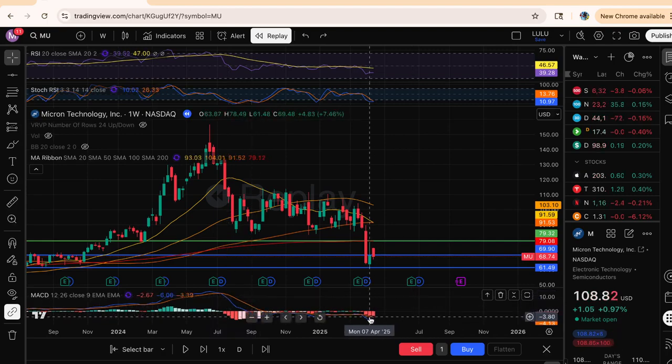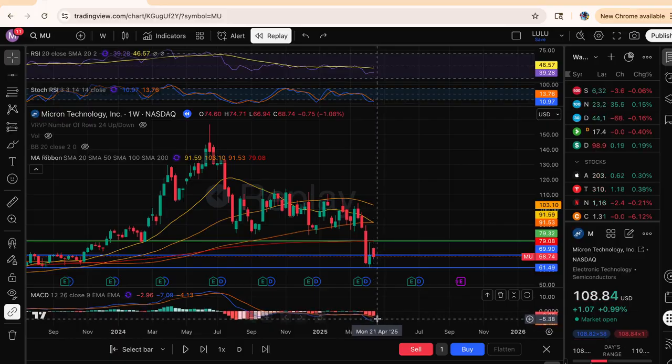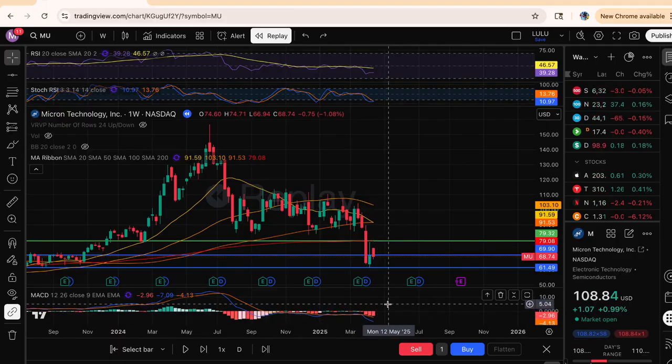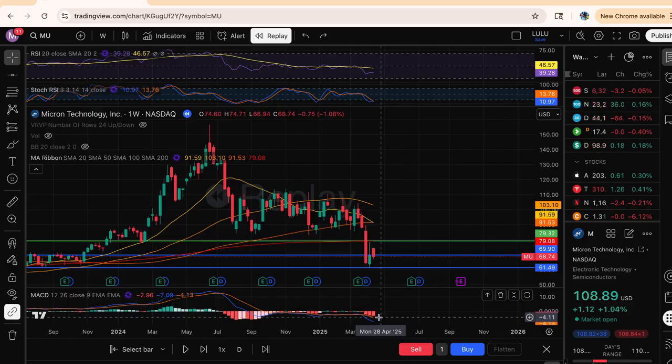You want to at least see it get close to the red line and start to cross above it. So anytime you see the blue line above the red line, with separation, and the blue line still pointing upwards, that helps you decide this stock is probably going to continue to go up in value.